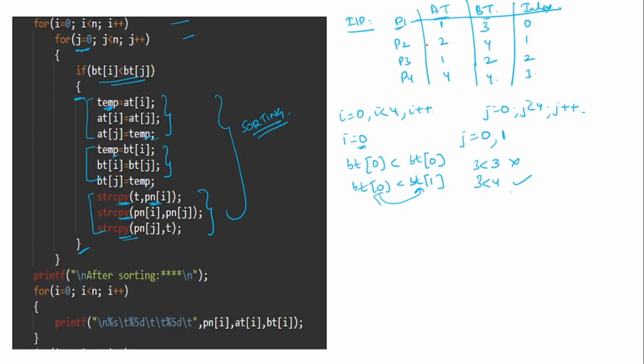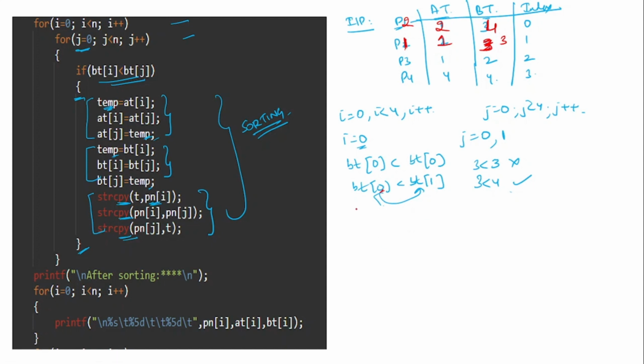We will have P2 here, we'll have P1 here, then this would be 2, this would be 4, this would be 1 and this would be 3. This would be 3 because we have swapped the 0 and 1 process, so we have swapped their complete value. So process IDs have swapped, arrival time has swapped and obviously the burst time is also swapped.